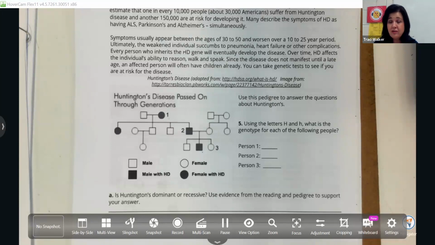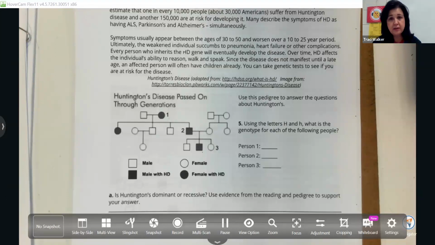And by then you've probably had children. And so even if you have it, there's a really good chance that you're going to pass it on because it's dominant.